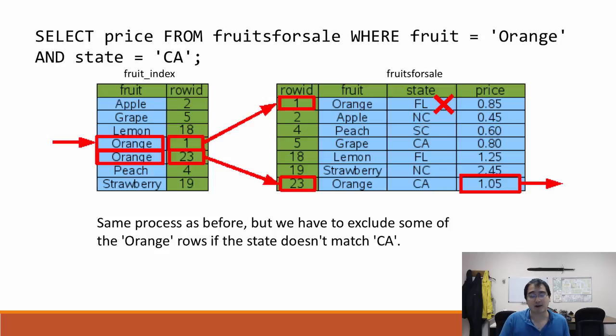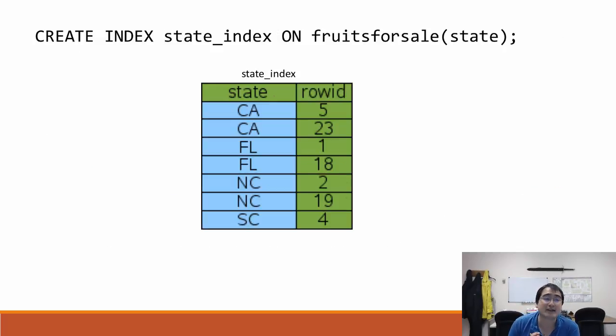All right, so the index facilitates other queries, even ones that use other criteria to select rows on. However, what we could do to speed things up is make another index, here called state index, which represents an index on the states that are mentioned in each row.